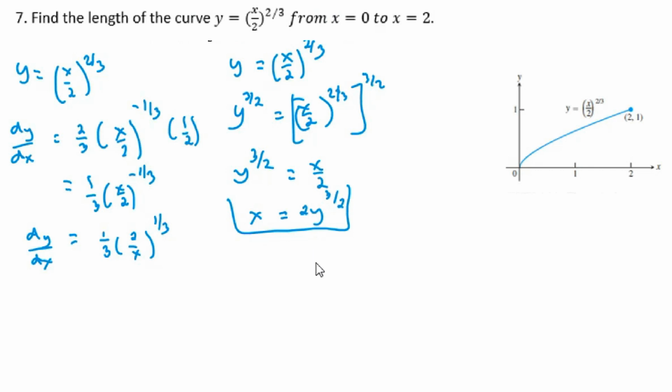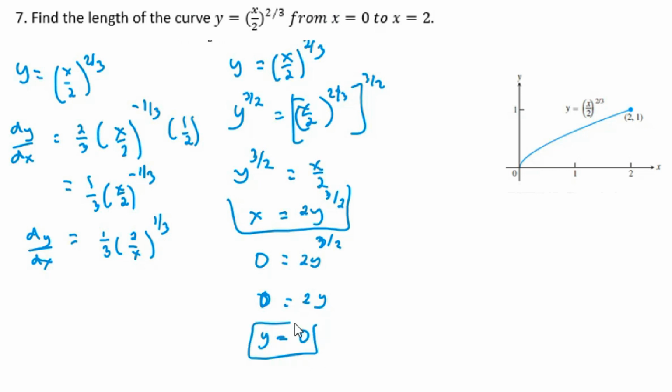To do that, we let x be 0. Therefore, 0 equals 2y to the power of 3/2. To remove the exponent of 3/2, I will raise both sides to 2/3. So 0 to the power of 2/3 is still 0, and the right side is just 2y. Dividing both sides by 2, y is equal to 0.